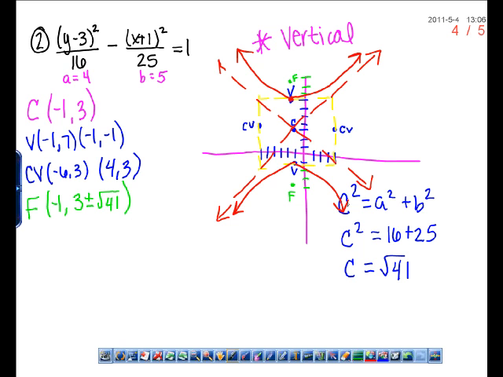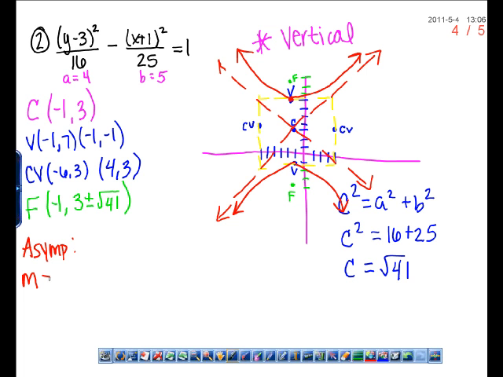What's our last step? Find the equations of the asymptotes. All right, so let's find our slopes. So from your center, how many did we go up? And over 5.